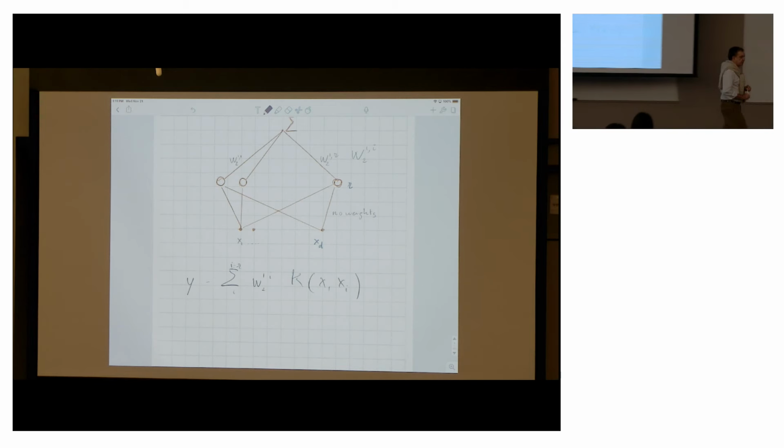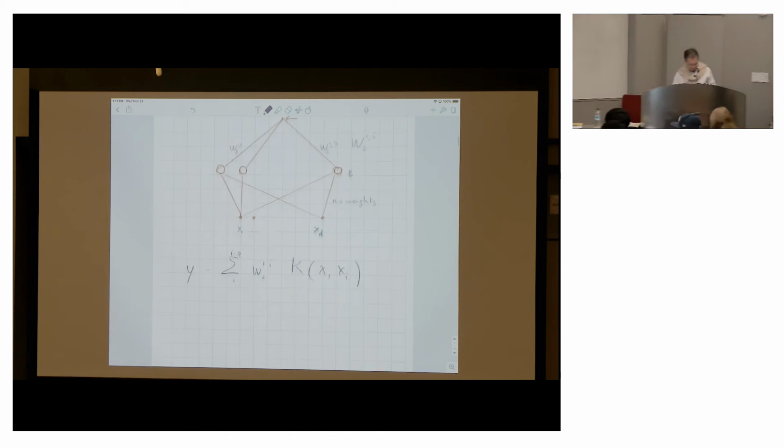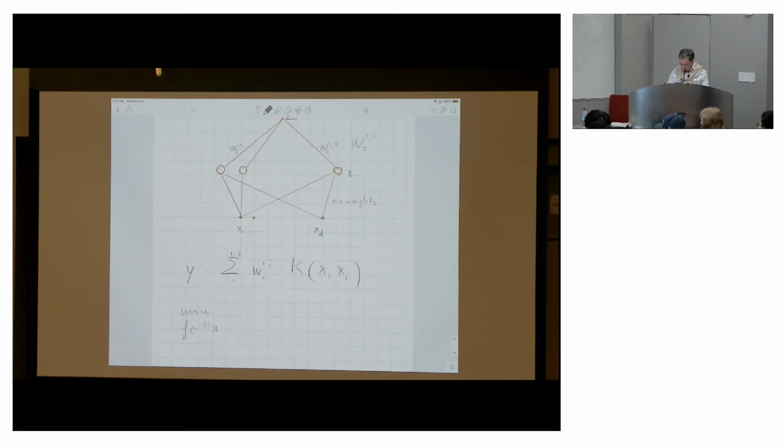And as we have seen in previous classes, this comes from this type of minimization problem in which you are looking for a function in a reproducing kernel Hilbert space, and you're minimizing some cost function, in this case the square error, and then you have a norm defined in K. Okay?